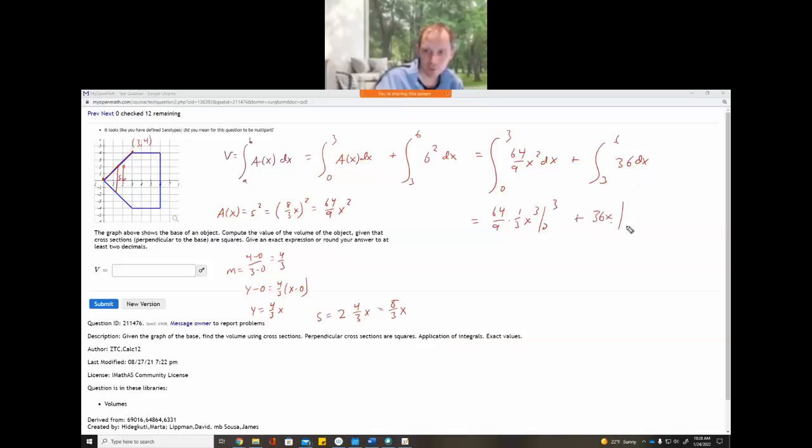Here we just get 36x, where x goes from 3 to 6. So my constant is 64/27, and then I have x cubed, so 3 cubed minus 0 cubed. And over here, when I plug in, I'll just get 6 minus 3. And we compute away and get our answer.